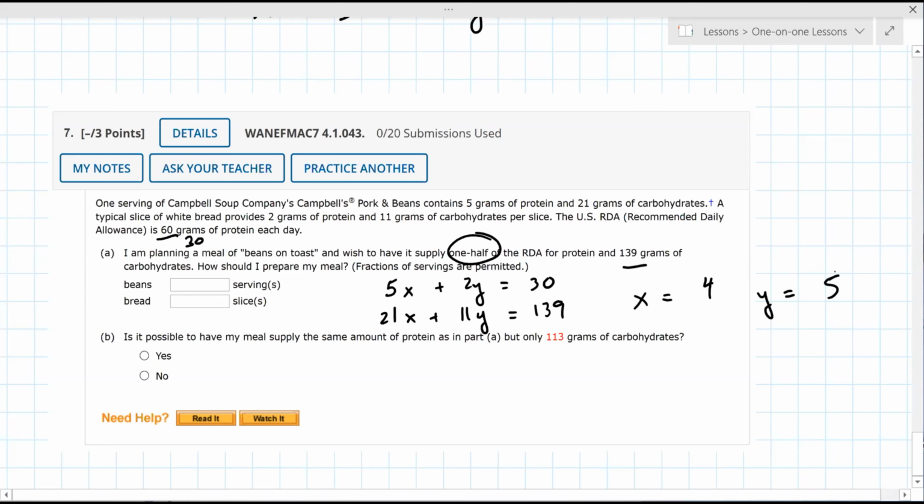All right, so it says, is it possible to have my meal supply the same amount of protein as in part A, but only 113 grams of carbohydrates? So the change is to make 139 into 113. So you just have to change that number here. Just make that one change. I think what will happen, if I'm guessing here, is that we're going to get an answer that's not possible, like it's going to have a negative number in it.